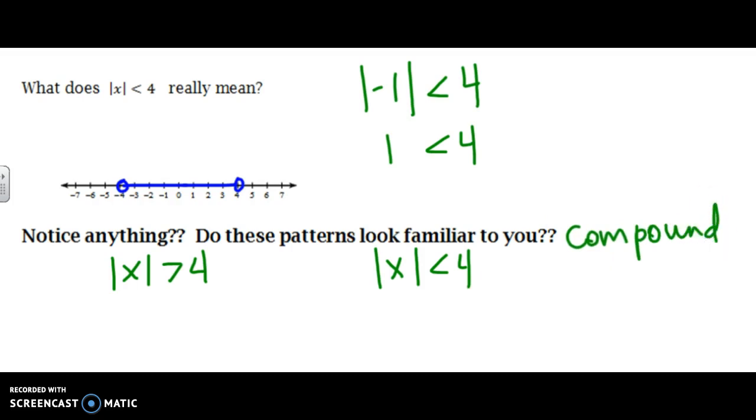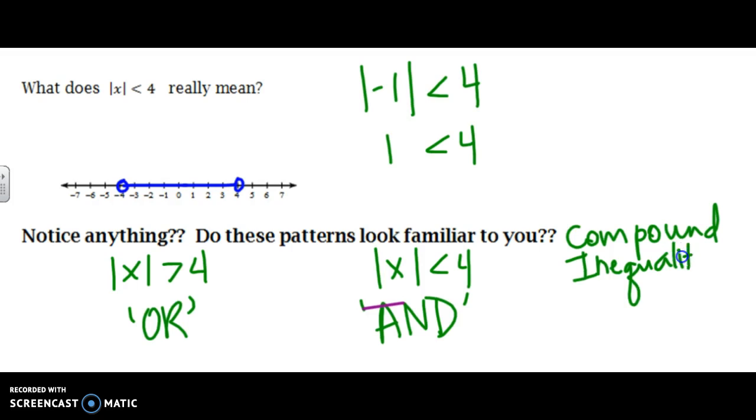The one we were just dealing with looks like a typical and inequality, because it stretches between two numbers, whereas x greater than 4 looks like an or inequality. As you're taking notes, you need to write yourself more notes than what I'm writing down, things that make sense to you, such as a less than is going to look like an and, and a greater than is going to look like an or. But all in all, absolute value combined with inequality means that we're going to be dealing with compound inequalities.